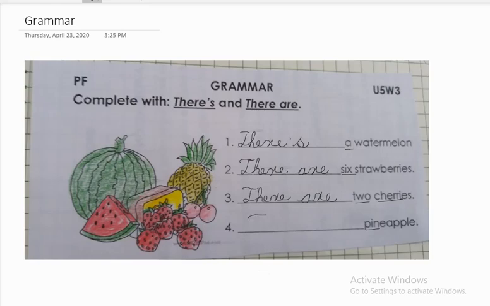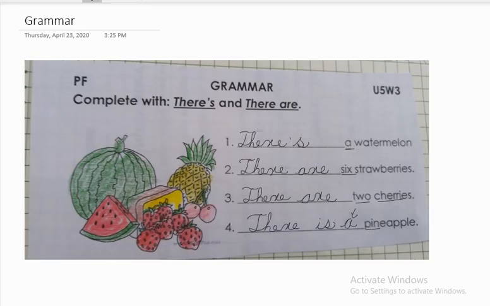Okay, let's write it down. There is, and we must complete the sentence, sorry, adding the letter A. Okay, there is a pineapple.